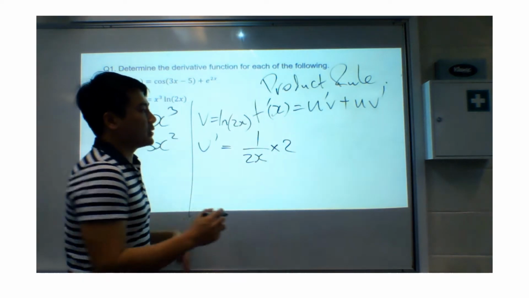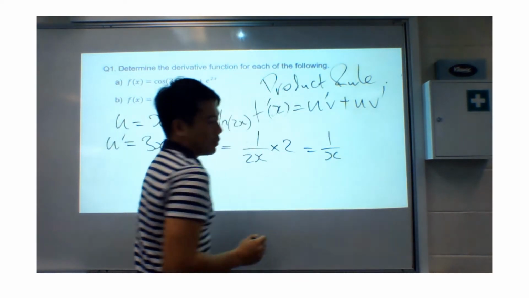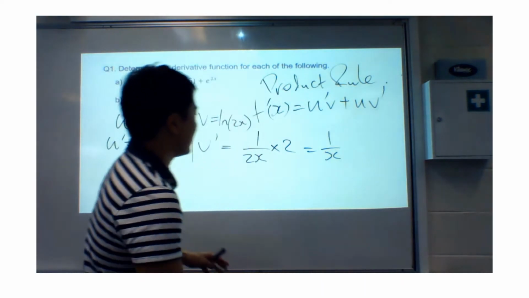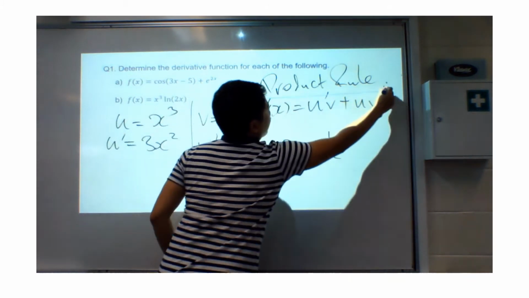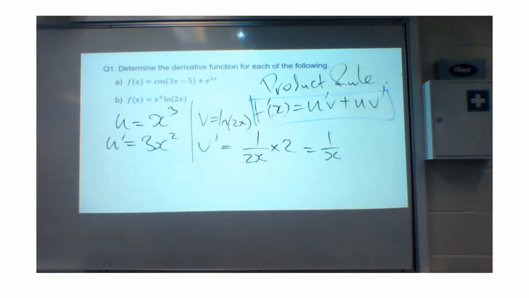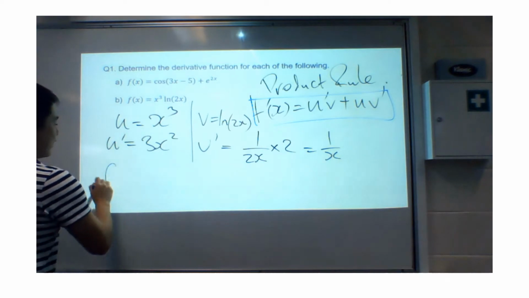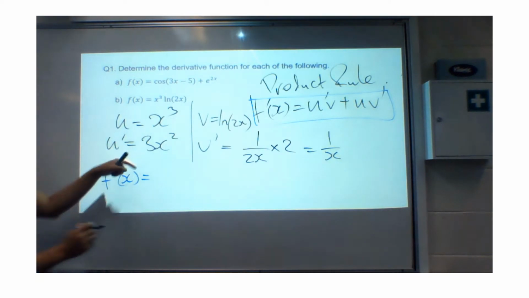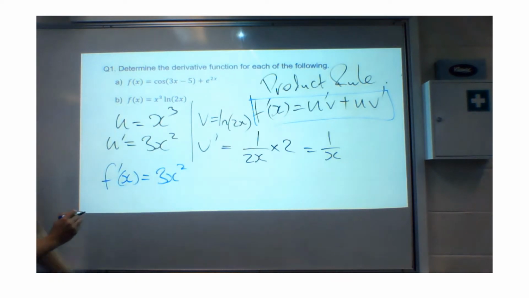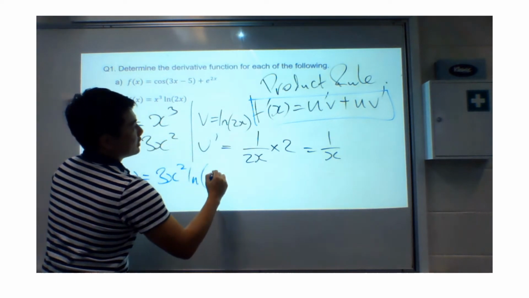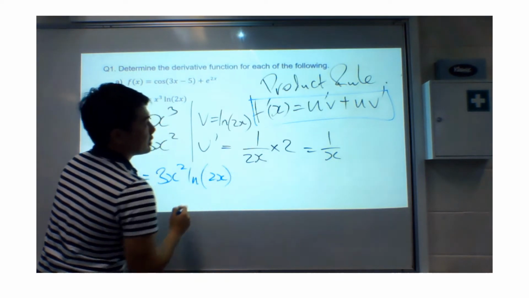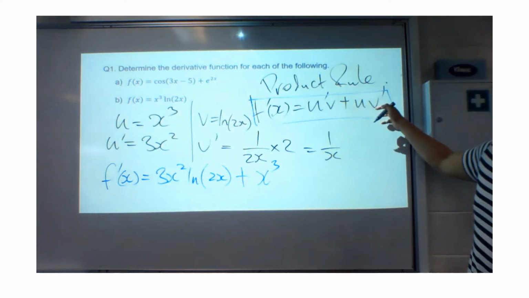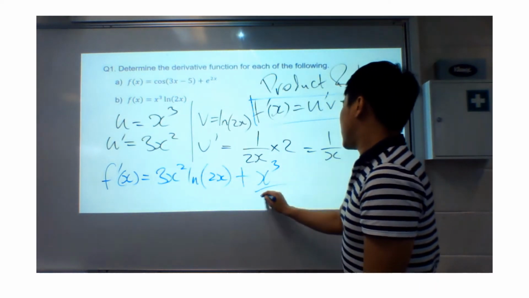The 2's will cancel out, leaving you with just 1 over x. So everything you need is there. Now you just need to put everything back into this form. Okay? So f dash x equals u dash v, so it's 3x squared, v is just ln 2x, plus u in this case is x to the power of 3 and v dash would be 1 over x.